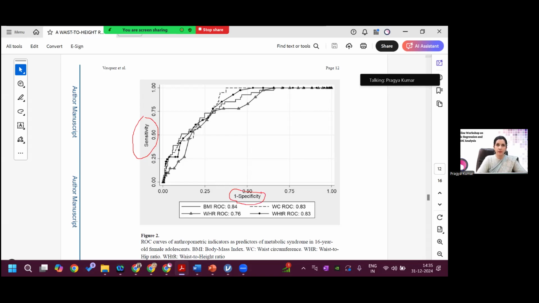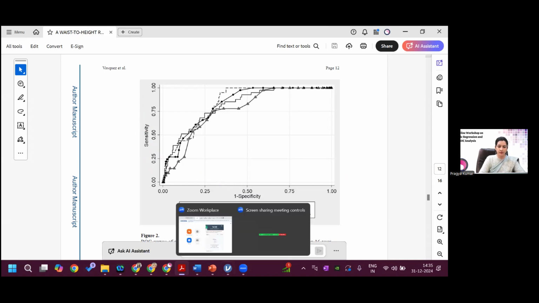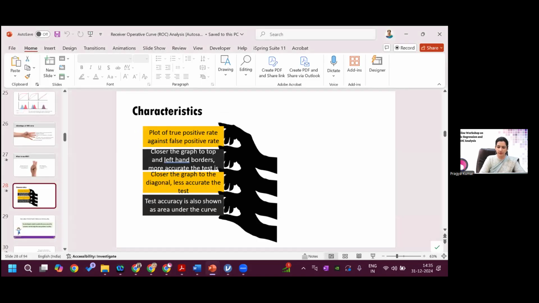So 1 minus specificity is the false positive. Basically, it is the graph with sensitivity on the y-axis and 1 minus specificity on the x-axis. That is the ROC curve.